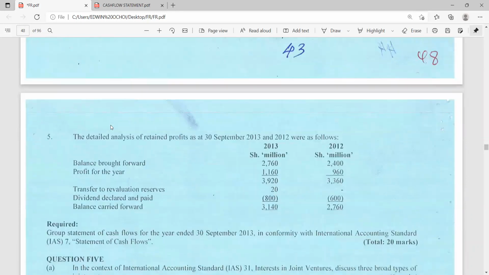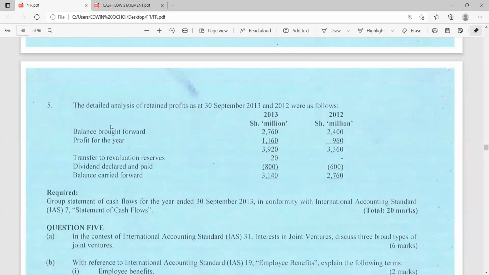The detailed analysis of the retained profit as at 30 September 2013 and 2012 was as follows: balance brought forward, profit for the year, transfer to revaluation. That is wrong. They made a mistake here. There's an analysis of the retained profit, then they give you a transfer to, and then they add it.